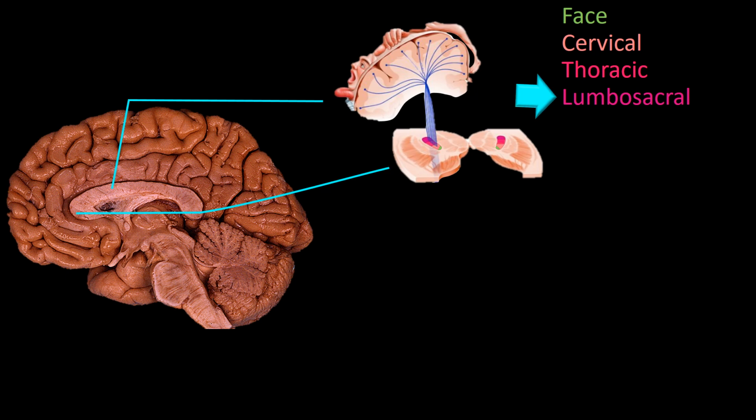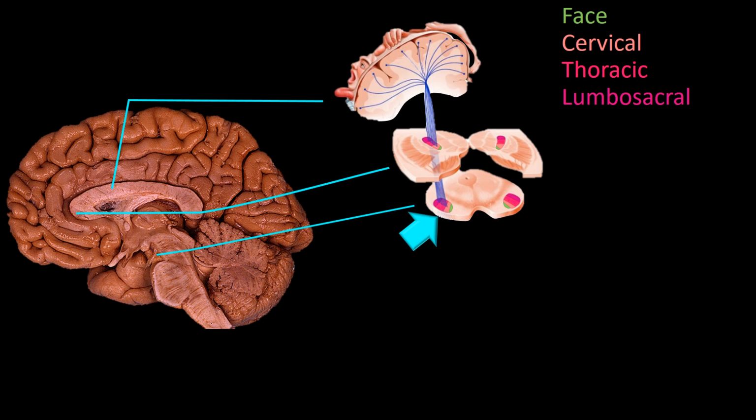The lumbosacral fibers are most dorsal. If we now make a transverse cut through the upper part of the brainstem, we will see the cerebral peduncles. In the peduncles, we will find the facial fibers are most medially located and the lumbosacral fibers most dorsally located.